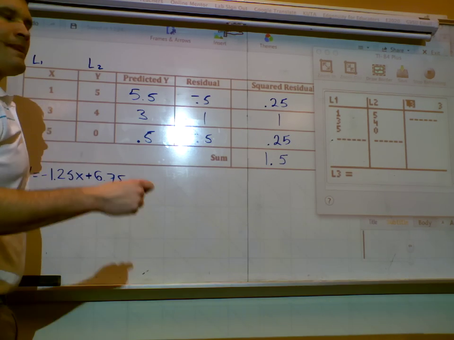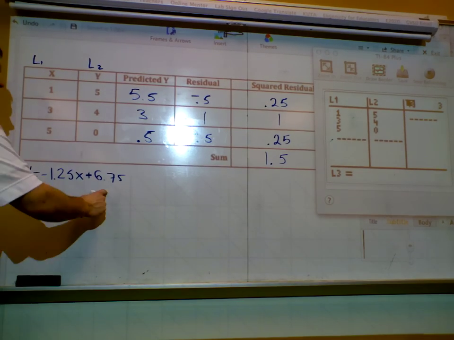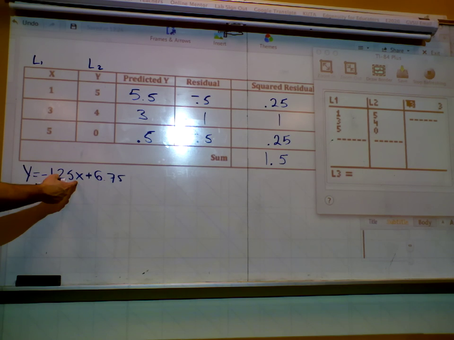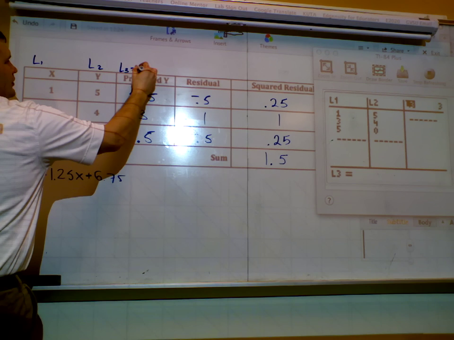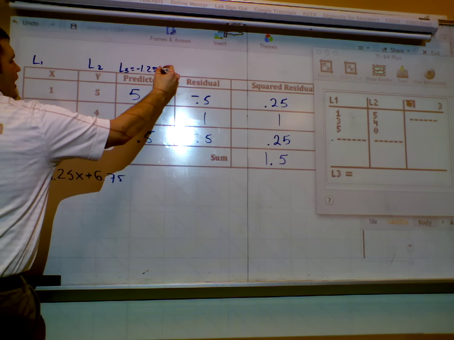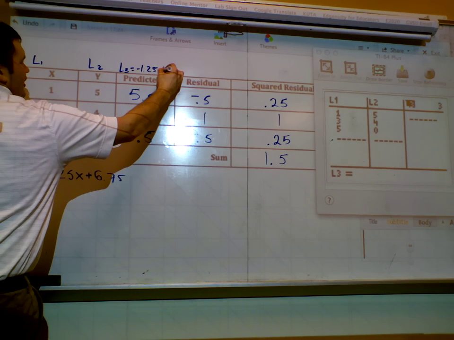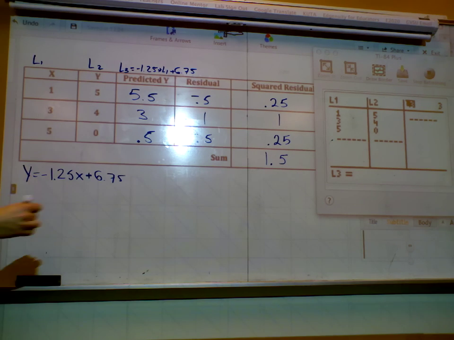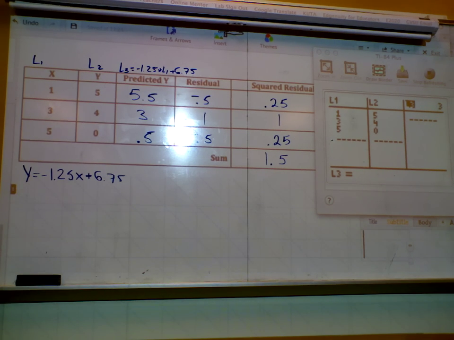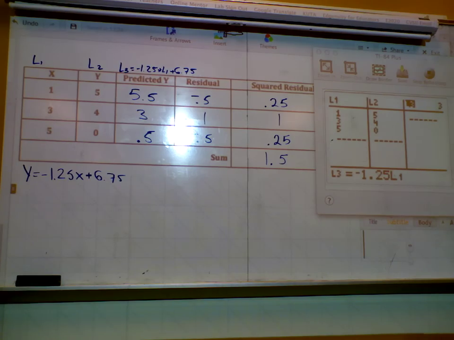Now what I want you to do is type this equation, but instead of x, which list is our x? L1. So this is L3, and we write L3 equals negative 1.25 times L1 plus 6.75. I'll type it out for you. Negative 1.25, and to get L1, you hit second one, plus 6.75.